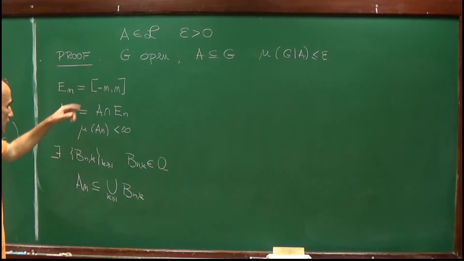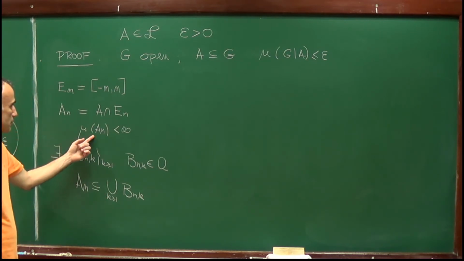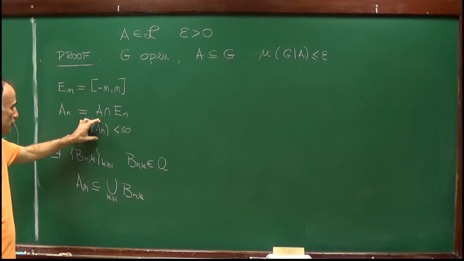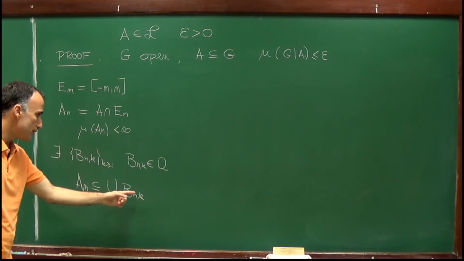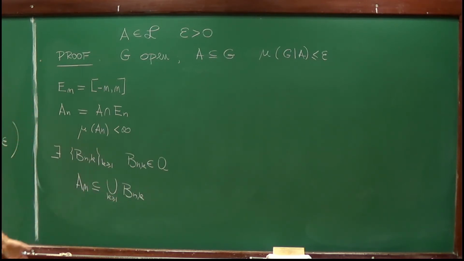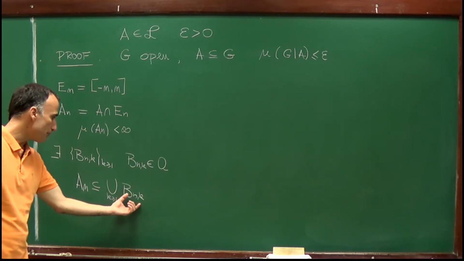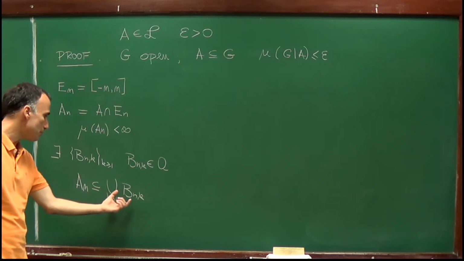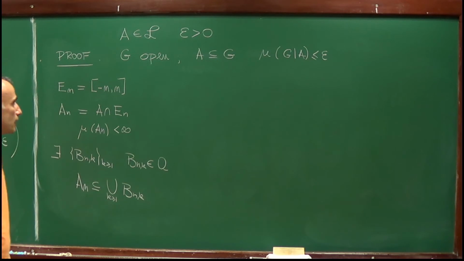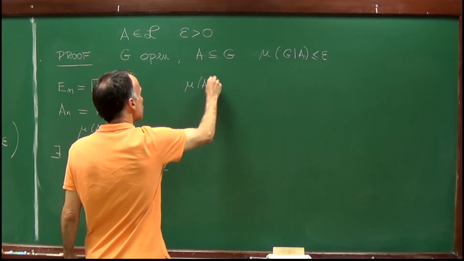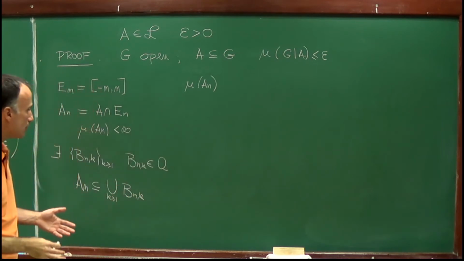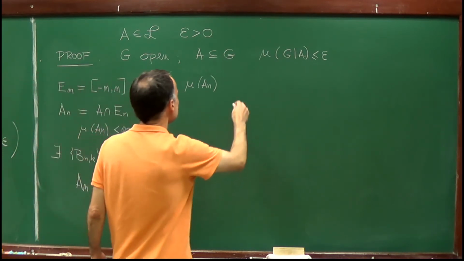Moreover, for that fixed epsilon, since the measure of A_n is given by an infimum, we can find these sets B_{n,k} in such a way that their measure almost approximates the measure of A_n. This is exactly what we did in the proof of the first theorem.